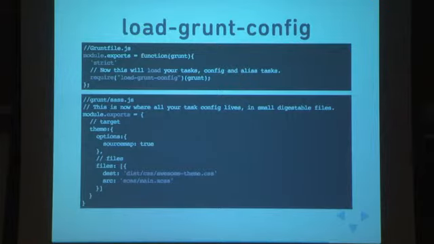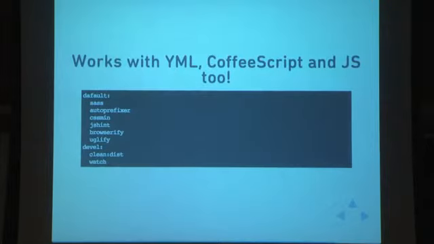It'll match according to the task name. So whatever you were calling that original task, like autoprefixer, you would have an autoprefixer.js or an uglify.js for all your task configuration. And what's also really cool is it will support YAML, CoffeeScript, and JavaScript as well.